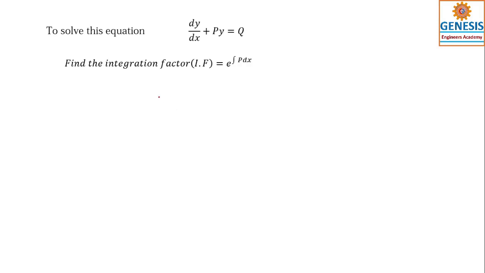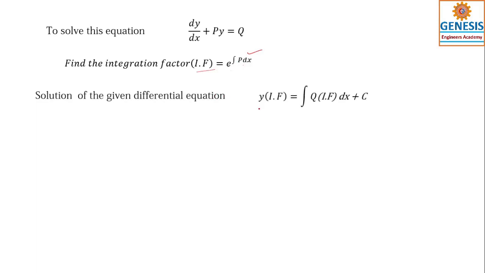First you have to find the integrating factor, that is e to the power of integral p dx. Then the solution of the given differential equation is y into integrating factor equal to integral of q into integrating factor dx plus c.